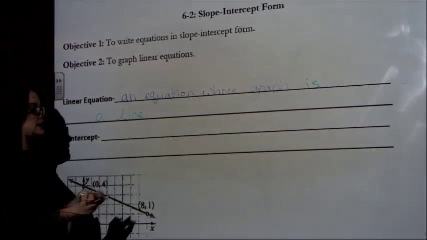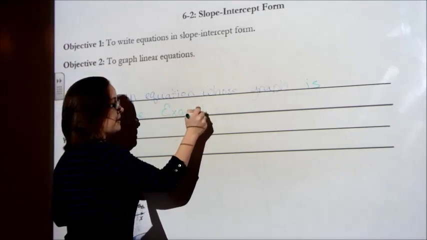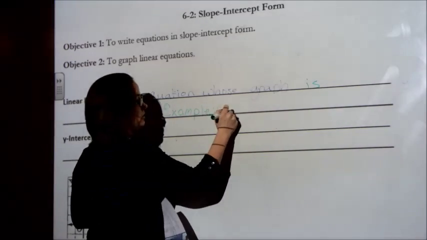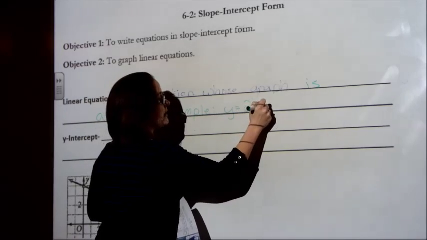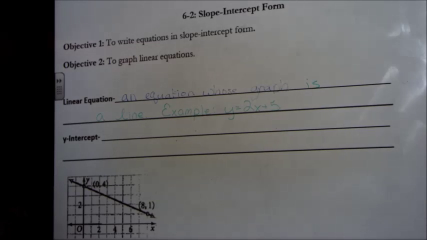So I could give you an example of a linear equation. An example of a linear equation would be y equals 2x plus 5. That's an example of a linear equation.